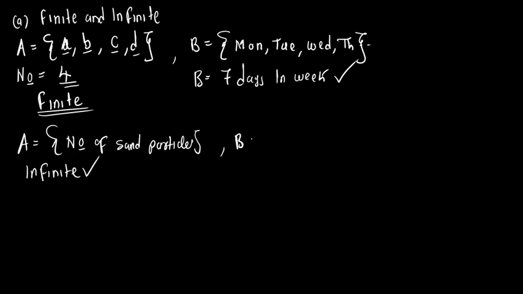Another good example is, say B is equal to animals. Well, you can't count the number of animals on Earth. Animals keep on reproducing.